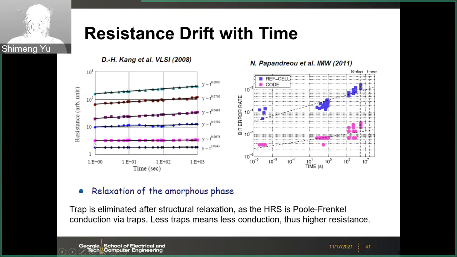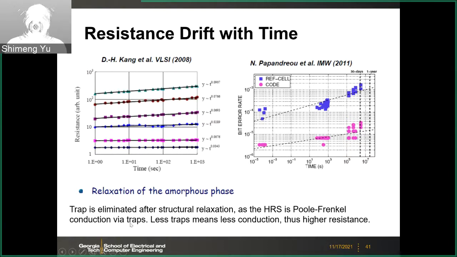So the detailed mechanisms are actually still under debate, but it's believed that after the programming, the device will go through so-called structural relaxation. And the high resistance state is dominated by the so-called Poole-Frenkel conduction.